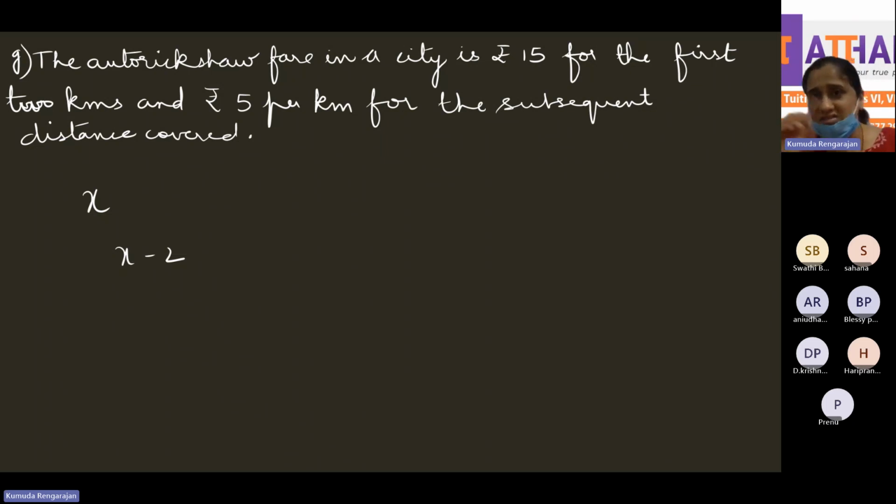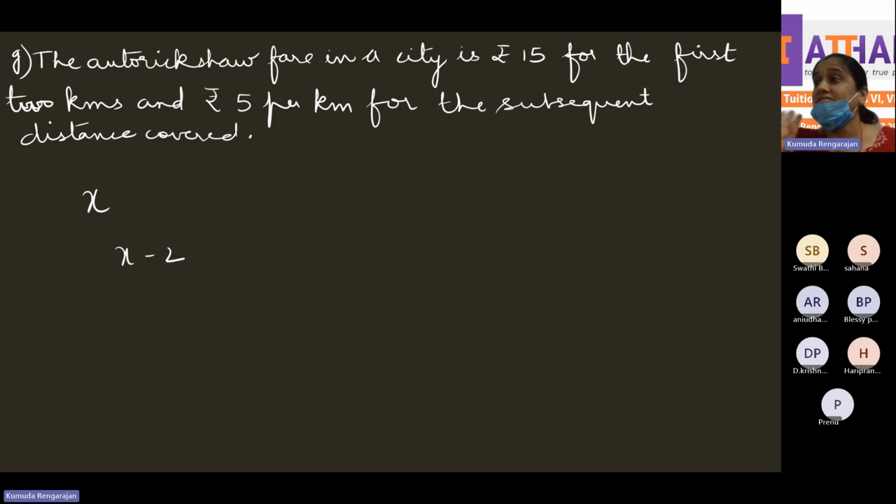If you say the total distance is X, then X minus 2 is the remaining distance. So you don't have to assume another variable for that.